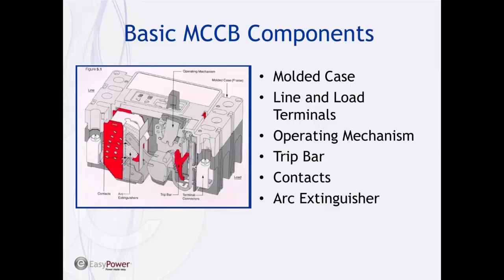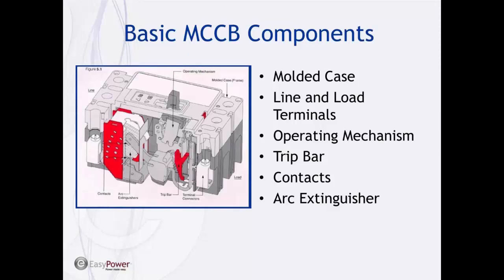The breaker has an operating mechanism, which is the handle, the trip handle in the front of the breaker that opens and closes the contacts. It has a trip bar, which is what the tripping mechanism actuates to trip the breaker. And it has contacts that actually carry the current and open and close when the breaker operates.